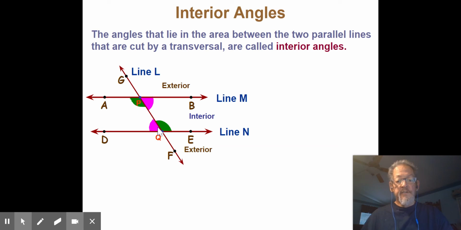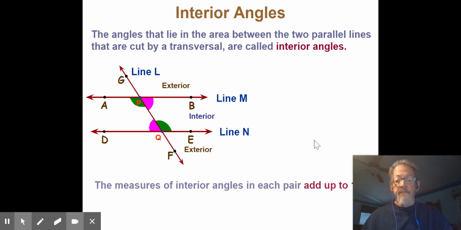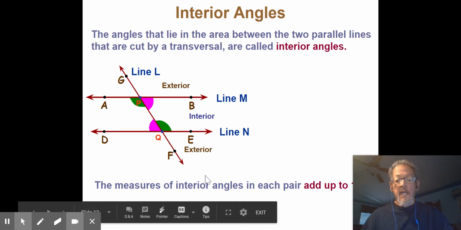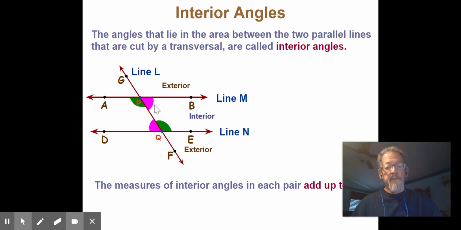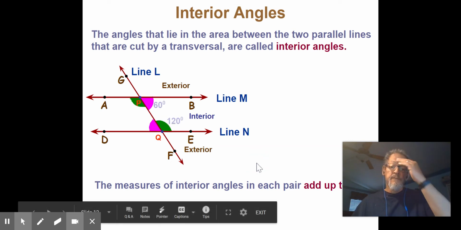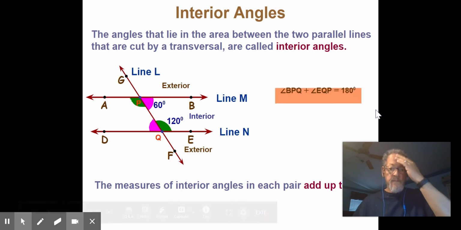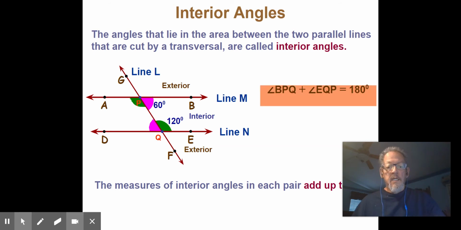So these two green ones are congruent because they're on alternate sides, and these two are congruent. And if you add them both up, these are supplementary, and these are supplementary. So see that one is supplementary, which means it adds up to 180.